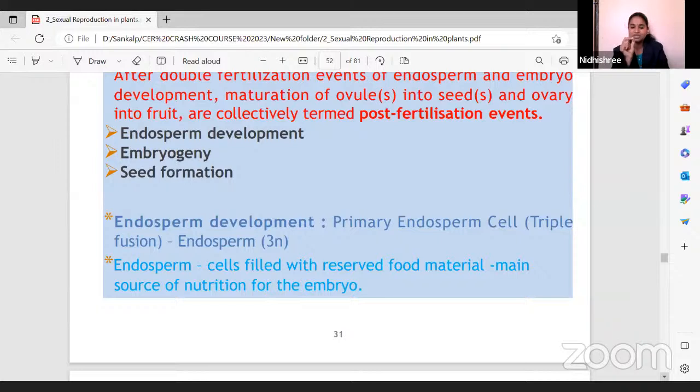You should remember it will be triploid, 3N. The endosperm cells are filled with reserved food material, which provides food until the plant develops. It will also provide food to the cotyledons.